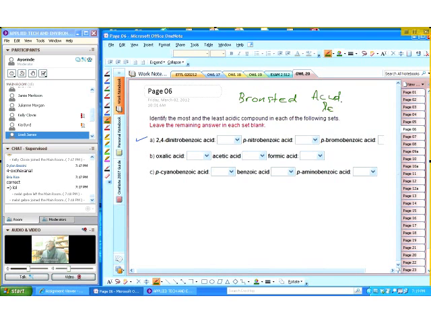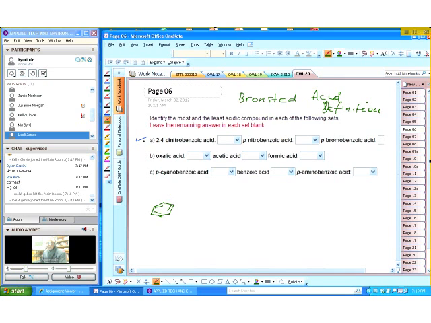Now, if you are taking a look at a molecule and you say the molecule is acidic, basically what you are saying is that the conjugate base, that is after you remove the proton from the molecule, the conjugate base is very stable.